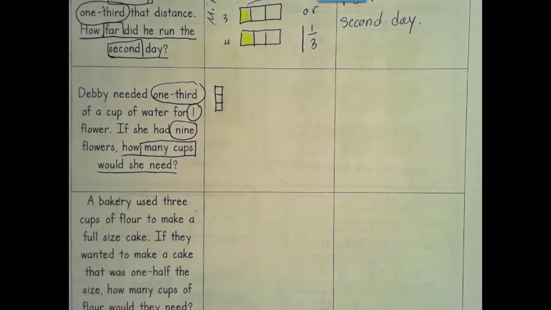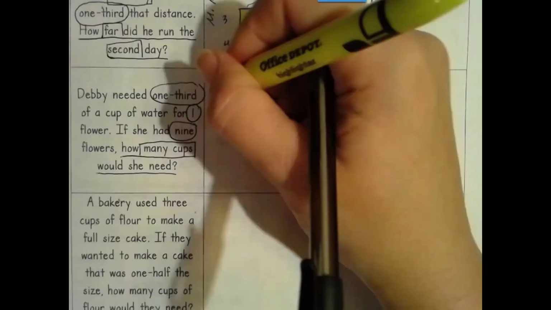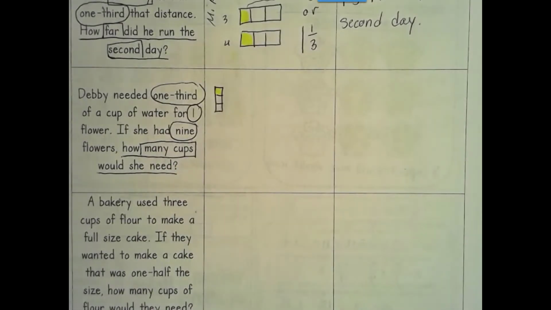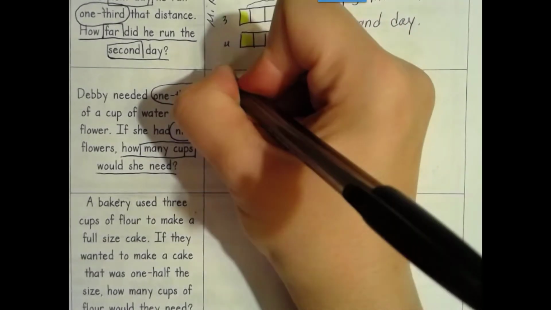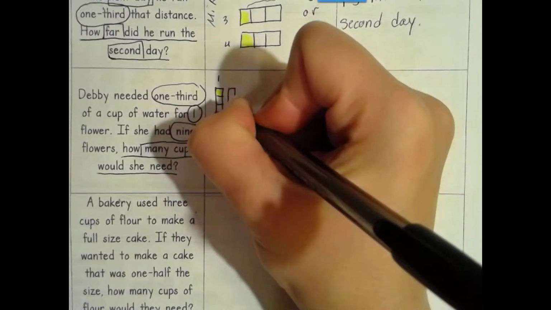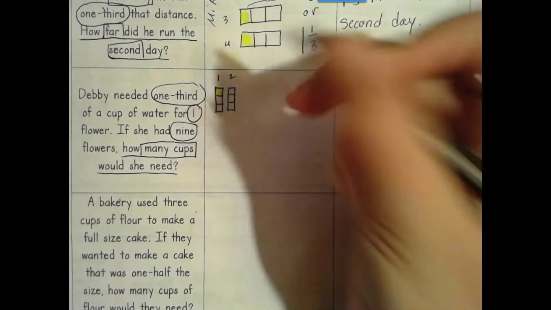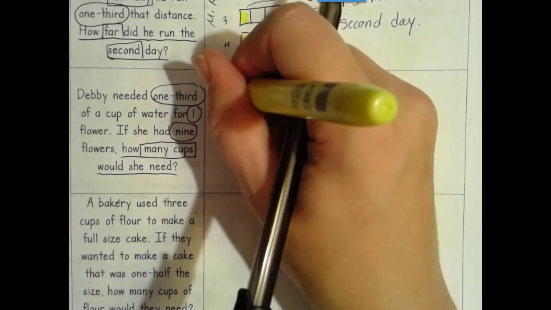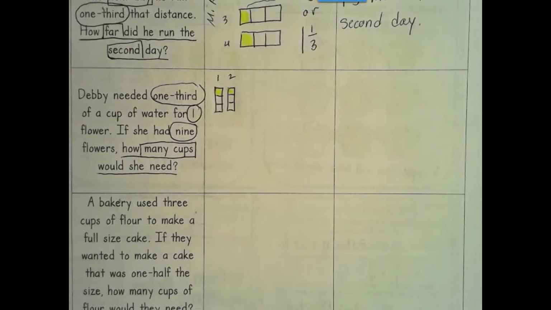So 1 flower will get 1/3 of a cup. The second flower will get 1/3 of a cup.